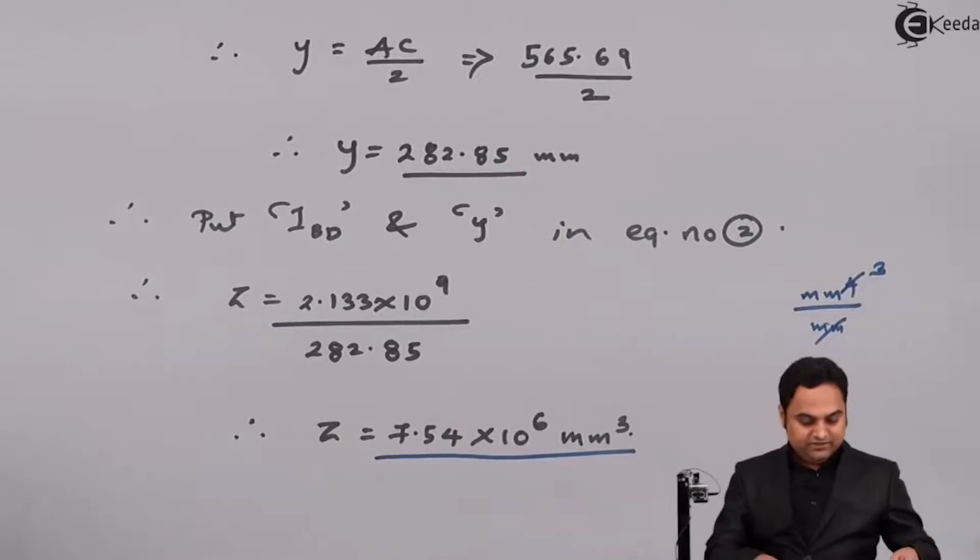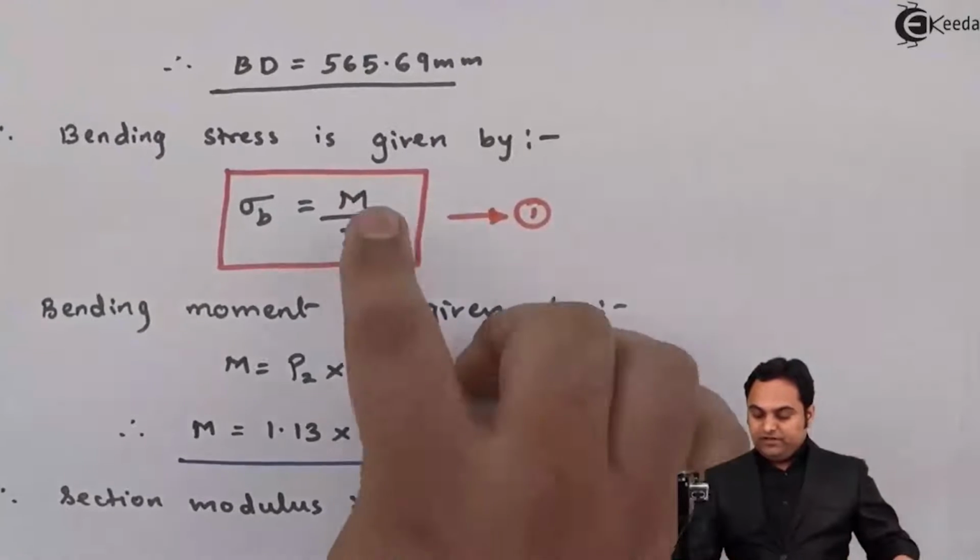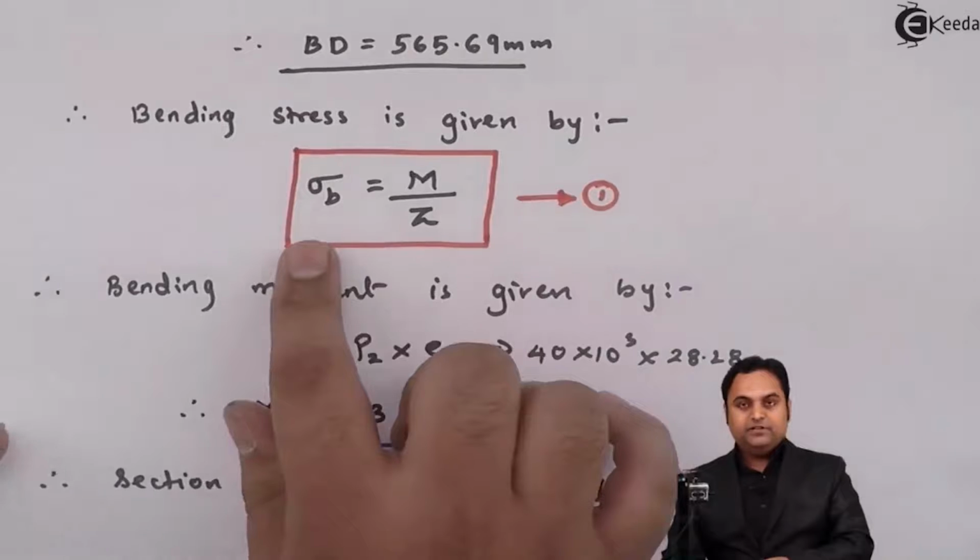Now after getting the section modulus, I'll put the values of M and Z in equation number 1 to get the bending stress.